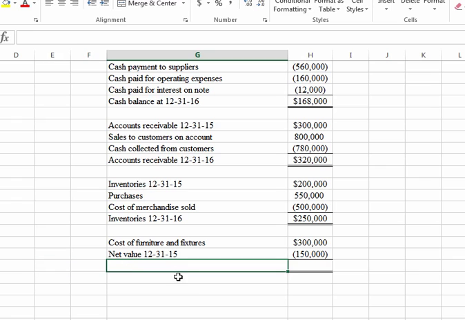Okay, and then that difference is going to be accumulated depreciation 12-31-15.